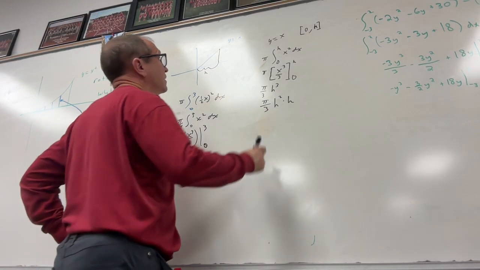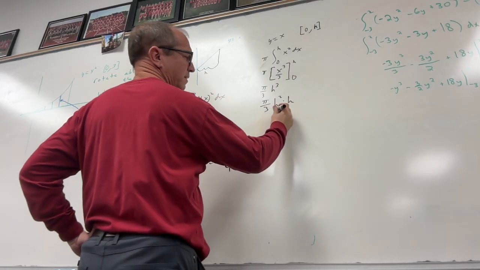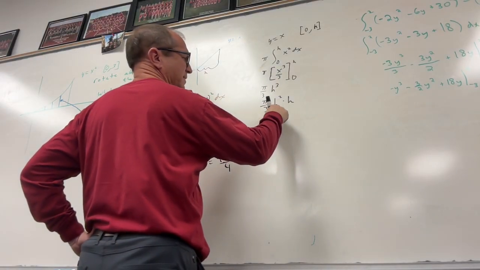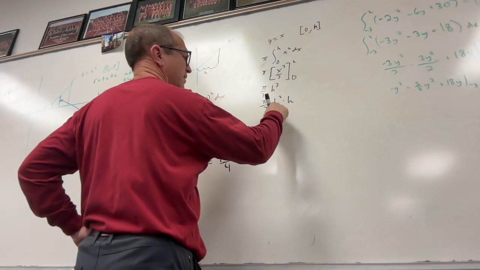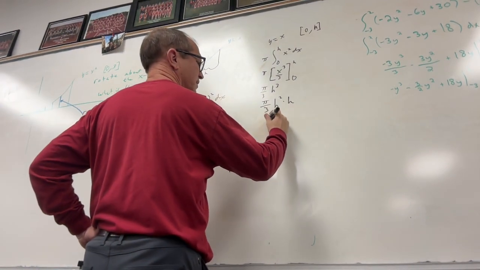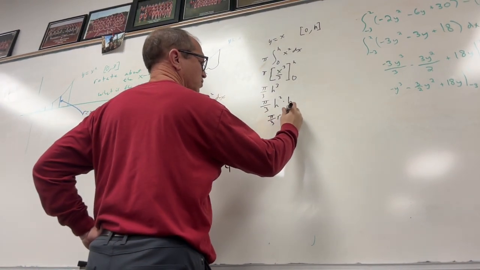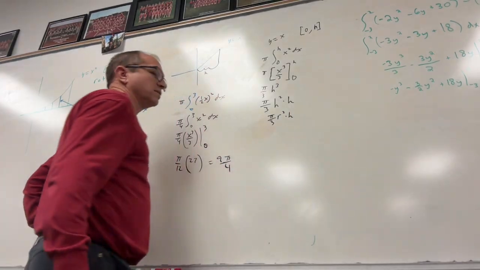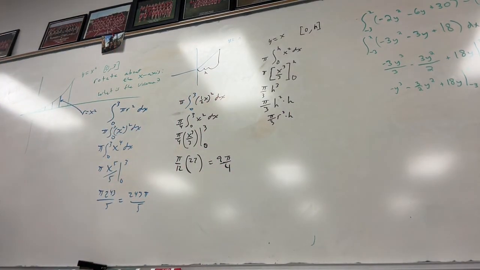All right. So h is the same thing as x in this case, right? Which is the radius. So I've got pi over 3 times r squared h. Does that formula look familiar to you? What is it? Volume of a cone, right?